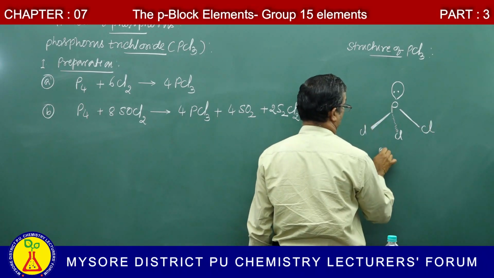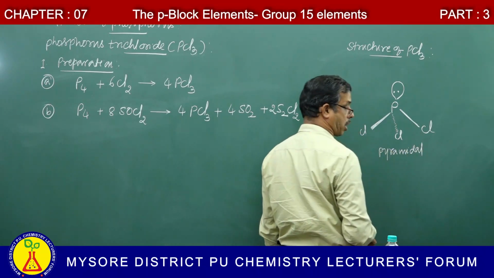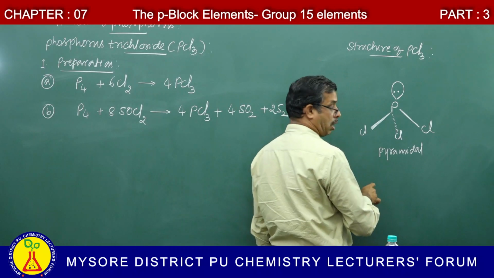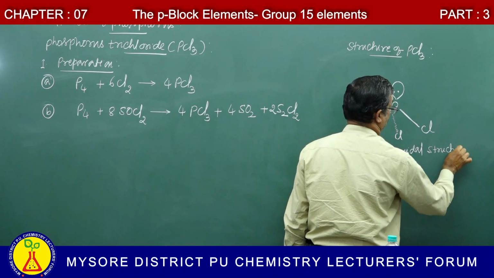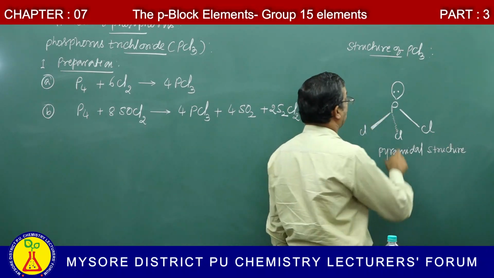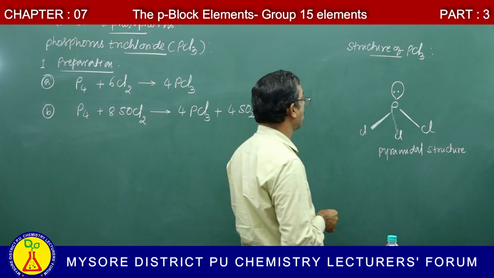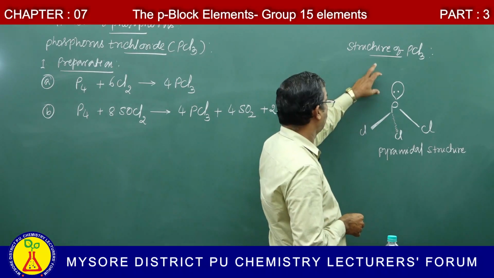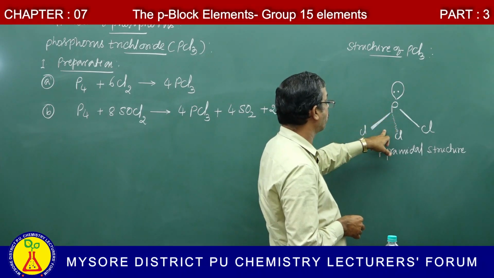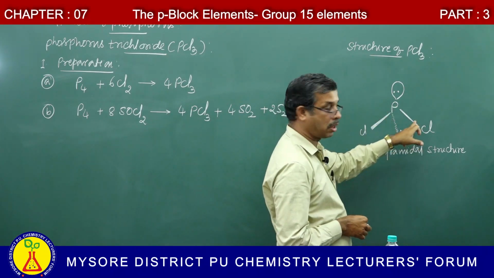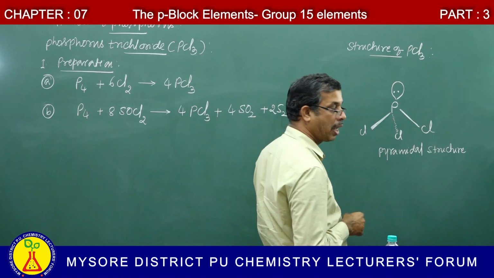So, it is having pyramidal shape or pyramidal structure, in which phosphorus atom undergoes sp3 hybridization. So, this is the structure of PCl3.